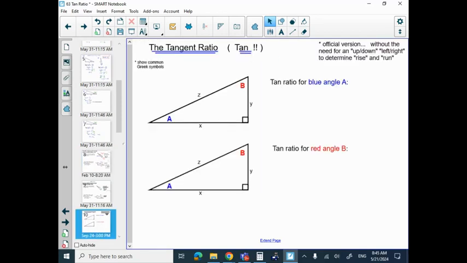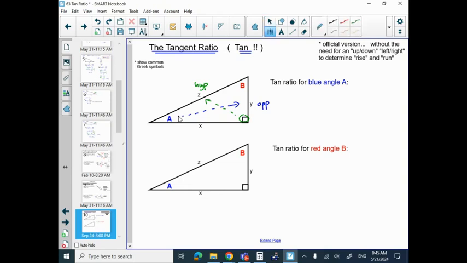Okay. So in this triangle here, if we're looking for the tangent ratio for the blue angle, then for the tangent here, we'd say, oh, okay, well, that right there is the opposite side. And maybe before we even get started, I might have wanted to show that this is the hypotenuse. It's hard for me to remember to do that with tan, though, because we're not using the hypotenuse.